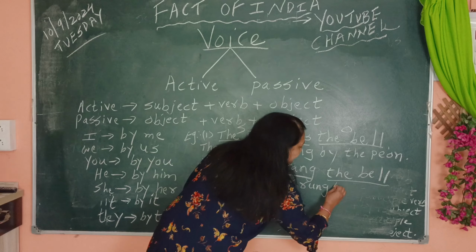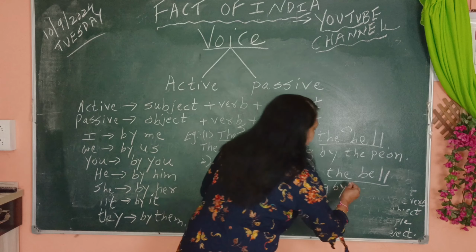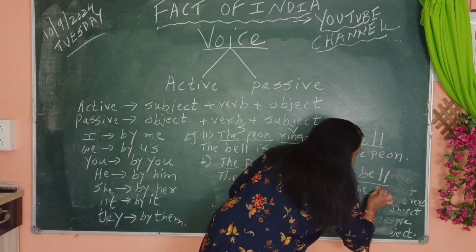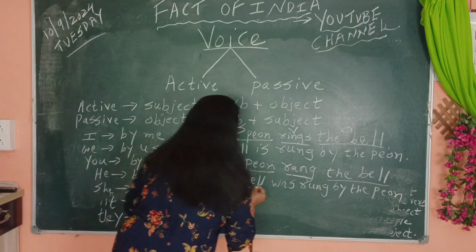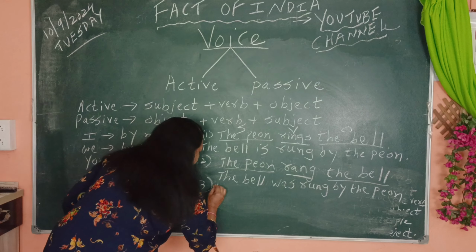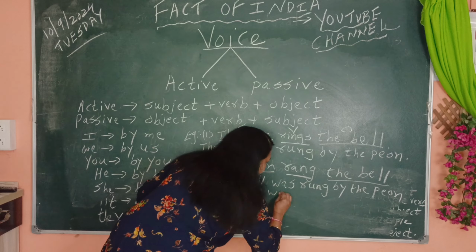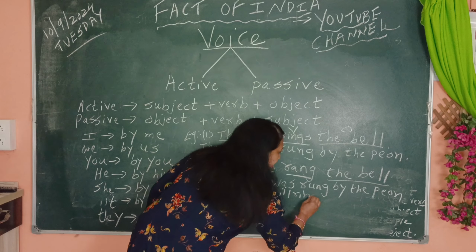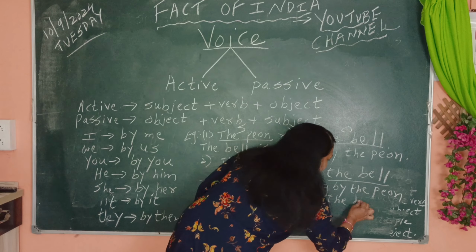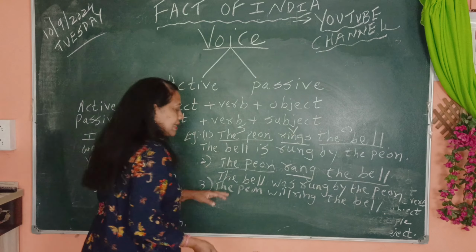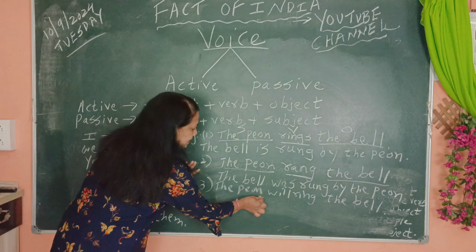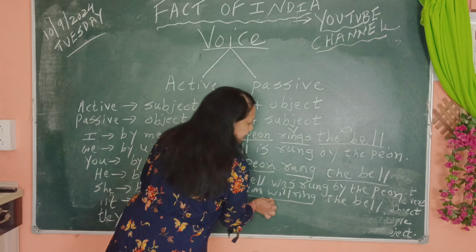In the same way, this sentence: the peon rang the bell. Rang is the past tense. So after the object, the bell is only one, so we use was. The bell was rung by the peon. And in the future tense, the peon will ring the bell. The action will be done in future.